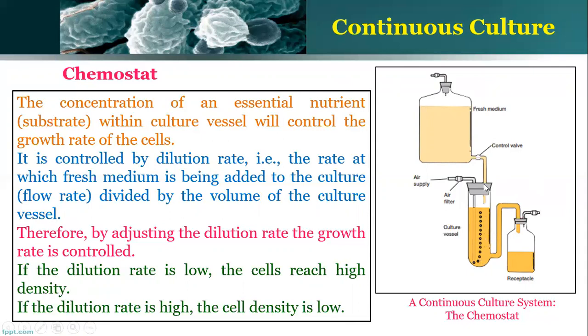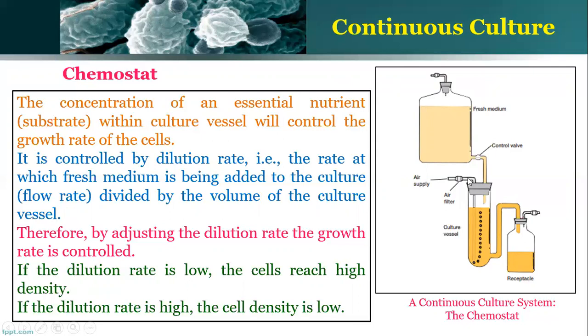So what happens if the dilution rate is low? The cell reaches high density. If you give a certain period of time for the organism to grow, utilizing the nutrients, the cell density increases. That means you are not removing the culture into the receptacle periodically.